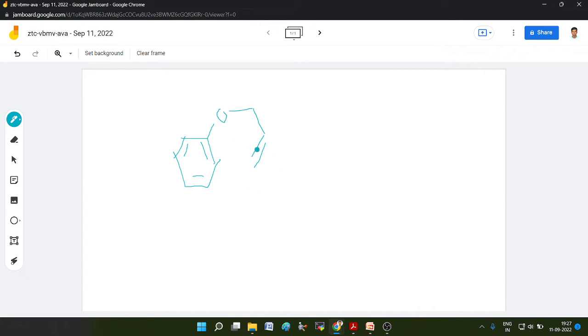Someone says, okay, it will go like this. Let me change the color. Imagine you don't know the mechanism, so we'll initially propose this mechanism. Arrow pushing is our best friend. So what do you expect? This bond is there, no problem. This has become a double bond, so I will put oxygen here.